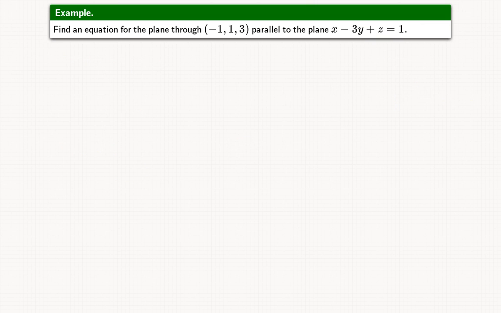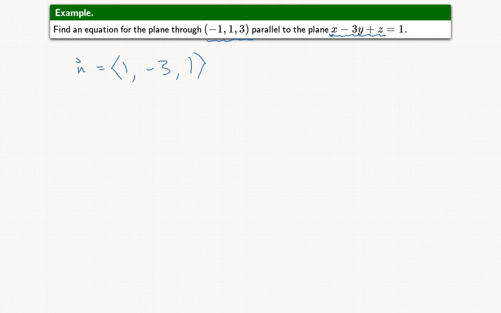Finally, what about a plane that goes through a given point and is parallel to some other plane? Well, we can see from here that the normal vector for the other plane is (1, negative 3, 1). And so if this plane is parallel, it's going to have that same normal vector. And so now we just plug in the different P0.